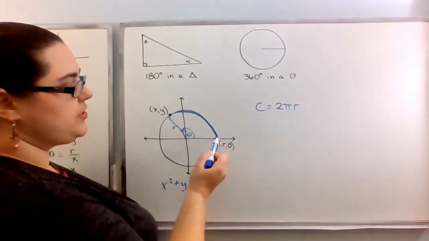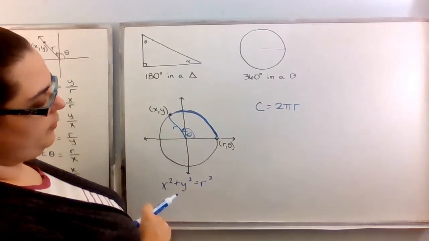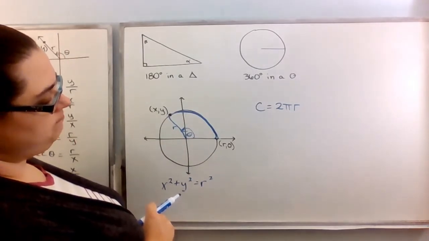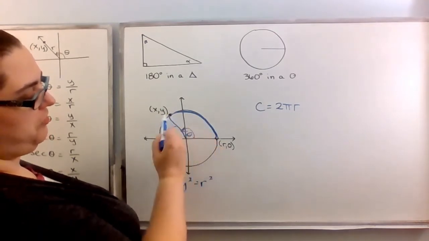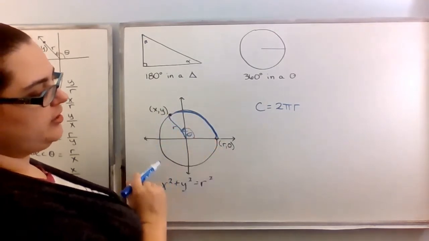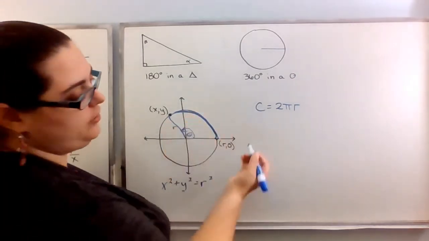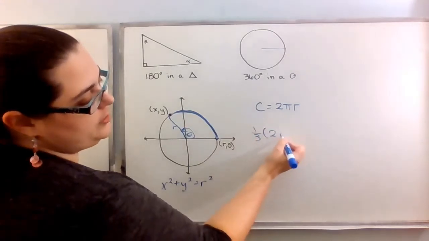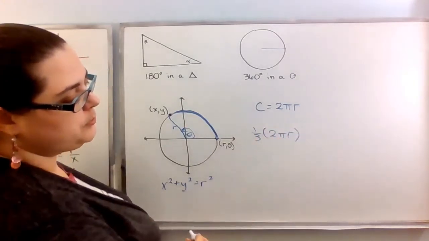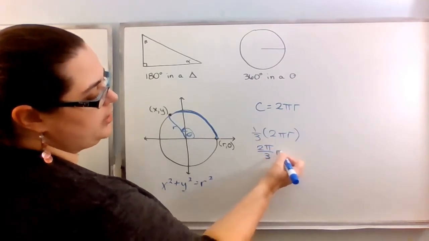So if this arc goes, I don't know, maybe a third of the way through the circle, then this arc length would be the amount of the circle I've gone, in this case a third of that circumference. So we would get 2 pi over 3 times r.